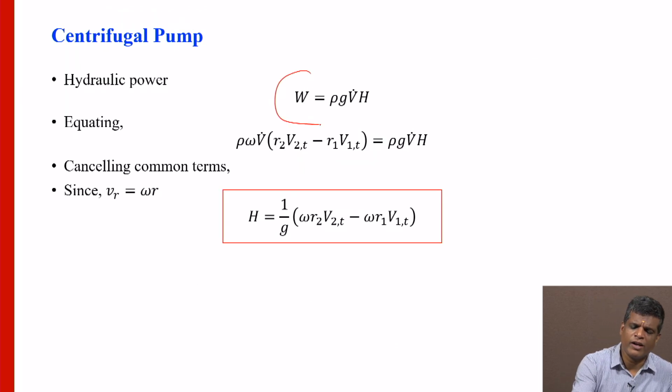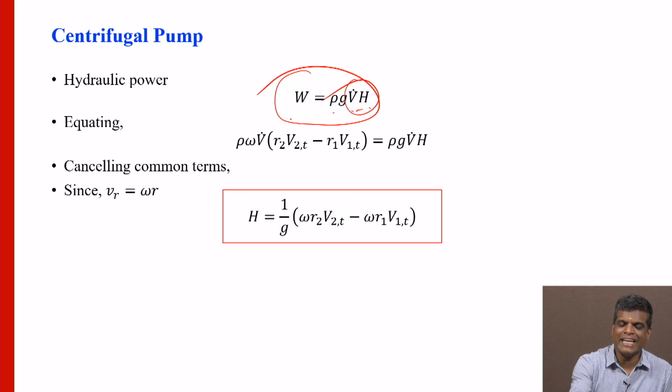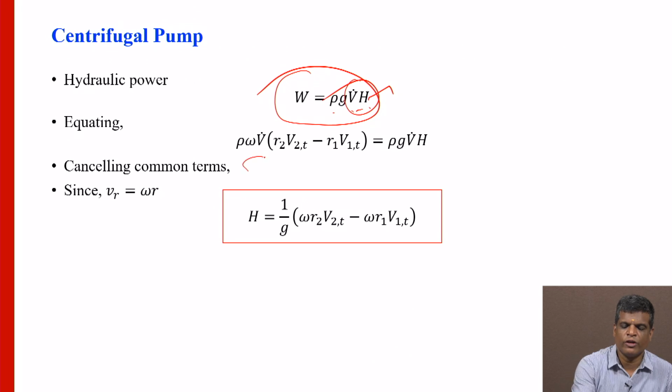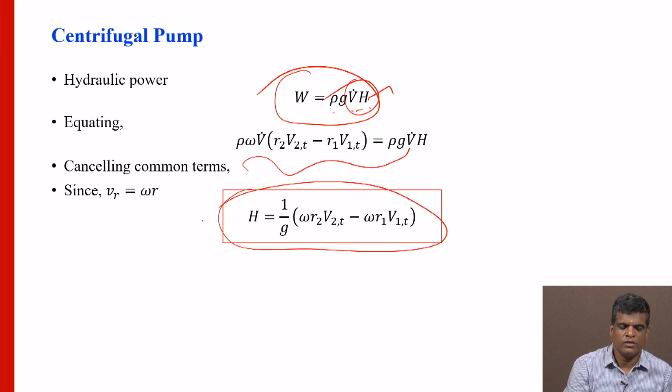Then hydraulic power W equals rho g V H, where H is the head. Equating both expressions for the power and cancelling all common terms, we get the head equation, which can be used only for centrifugal pumps.